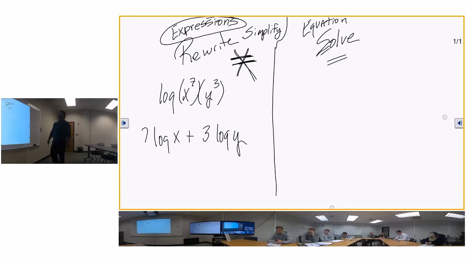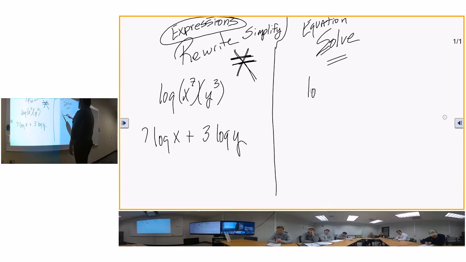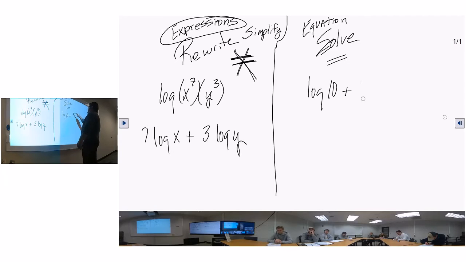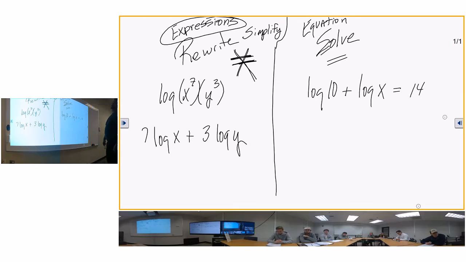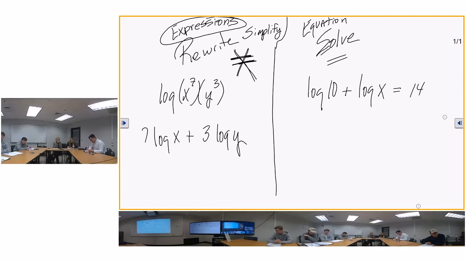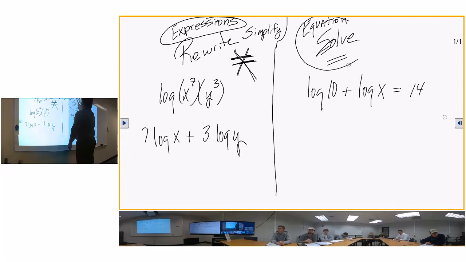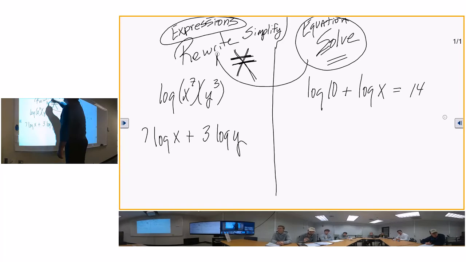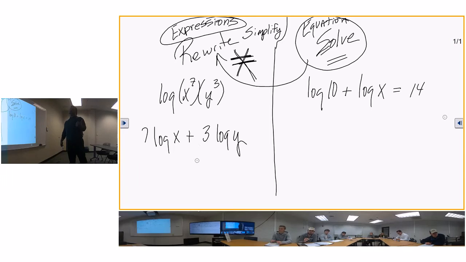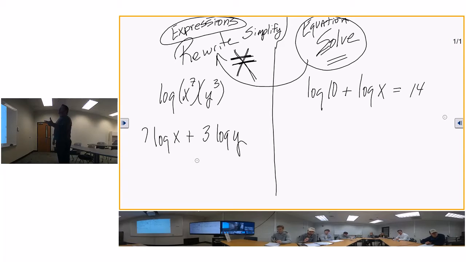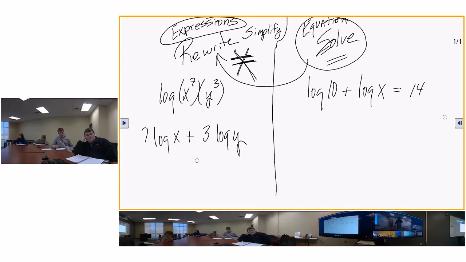So in this, we'll have log of 10 plus log of x is equal to 14 or something like that. Now, the good news is they're not very difficult. The bad news is this right here builds on what? That. So if you suck at the properties, you're going to suck at rewriting. If you suck at rewriting, you're going to suck at what? Solving. Oh. So you got to know those properties.